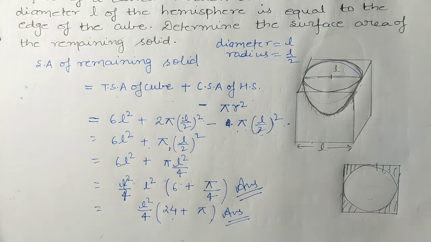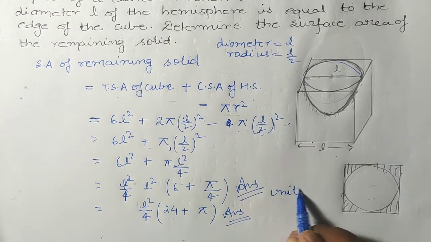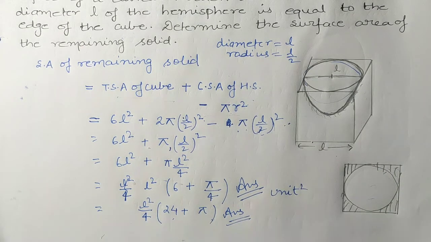So both can be the answer, and since it is area, the answer will be in unit square. Okay students, so just pause the video and note it down. It is very important to draw the figure also, because in a mensuration question, if you draw the figure, it means your concept is clear. So just pause the video and note it down.